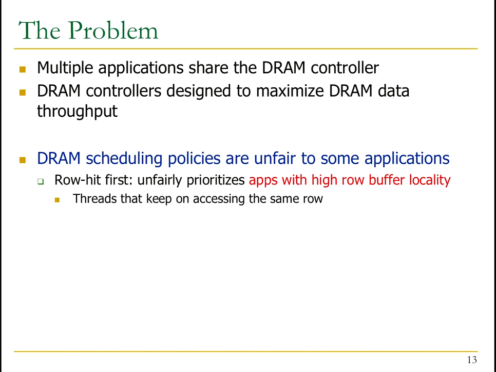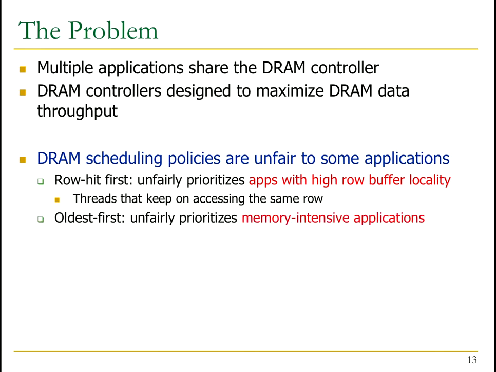Whereas this poor GCC that you saw, which unfortunately keeps missing in the row buffer, gets deprioritized. That sucks for GCC, right? It's good for MATLAB probably, but unless your goal is to always maximize the performance of an application that always hits in the row buffer, then this is not a good goal. This is not a good design, basically.